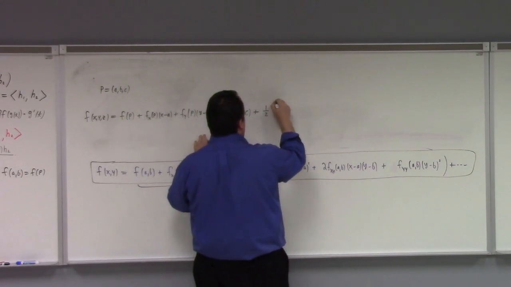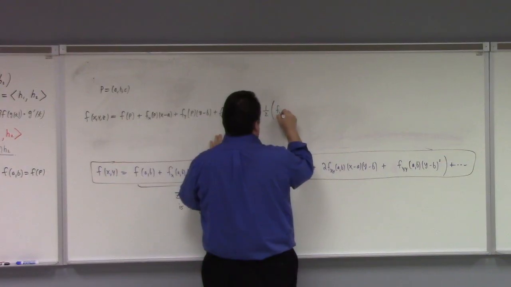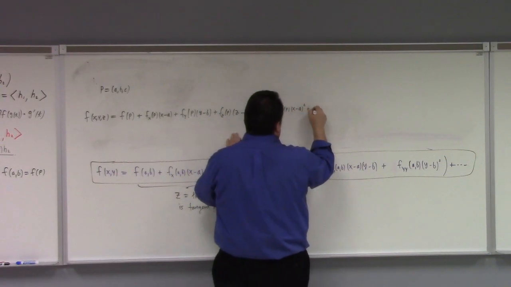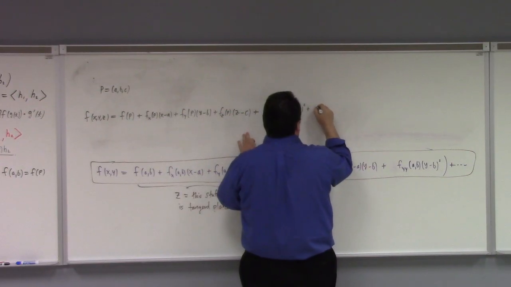1/2, parentheses here, f_xx of the point times x minus a squared plus f_yy of y minus b squared, f_zz of the point times z minus c squared. Let me do the double ones first. It doesn't really matter which order you write it in.